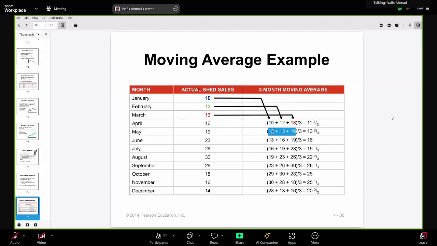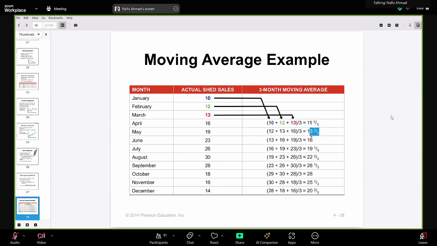These 3 are 12, 13, and 16. You take the summation of these 3 and then divide by 3 for a 3 month moving average. So it's 13 to that.